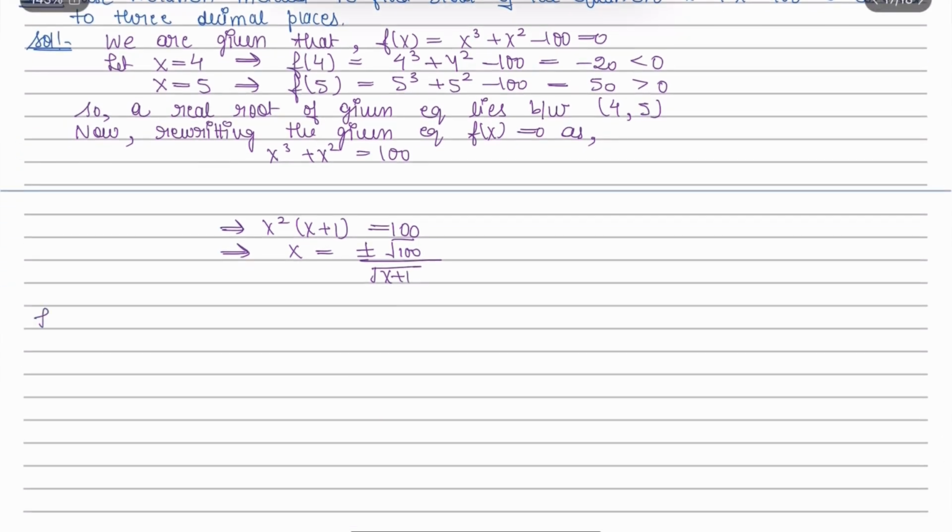Let g of x be 10 upon under root of x plus 1.